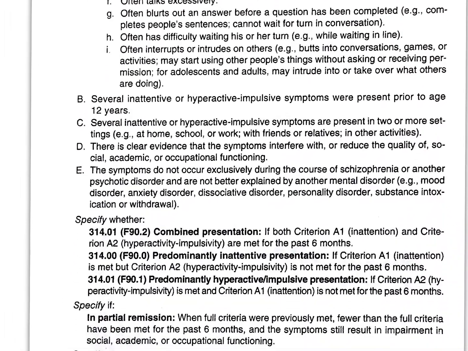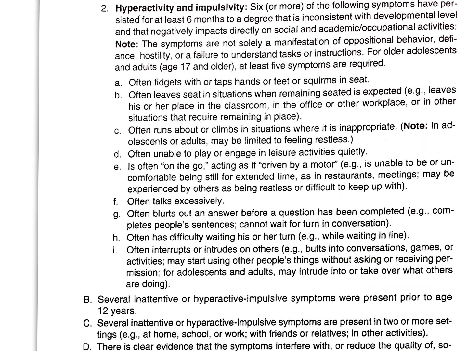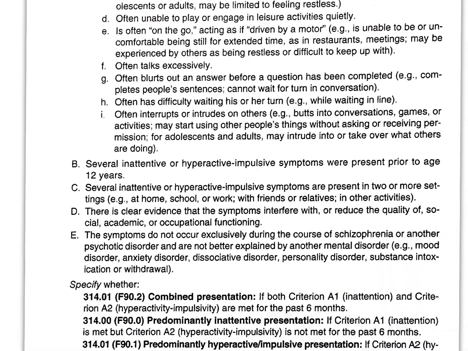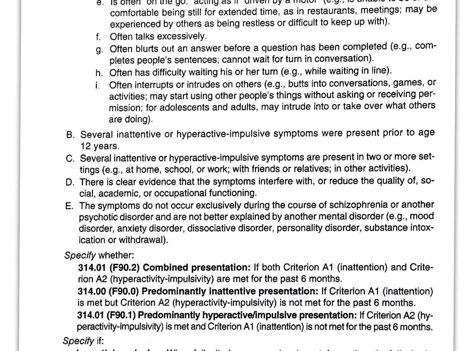So those are the 2 types. So you were seeing that we were looking at points 1 and 2 under A, and so now we're moving on to B. Several inattentive or hyperactive impulsive symptoms were present prior to age 12.